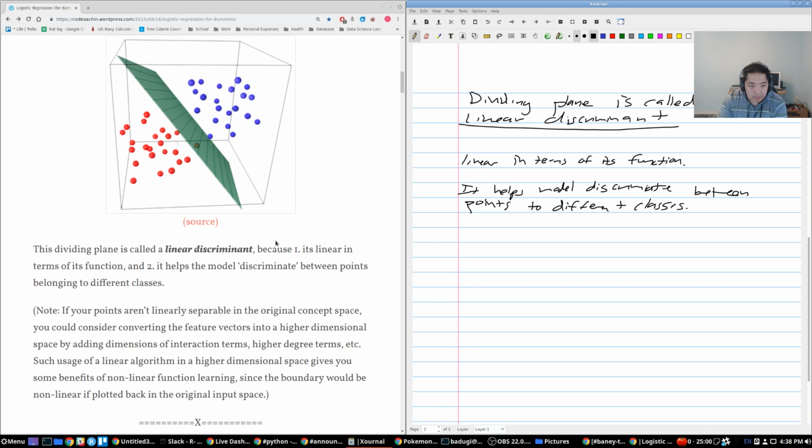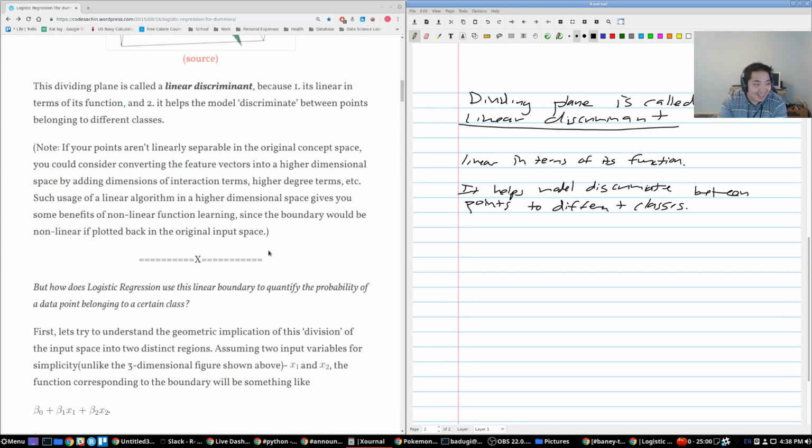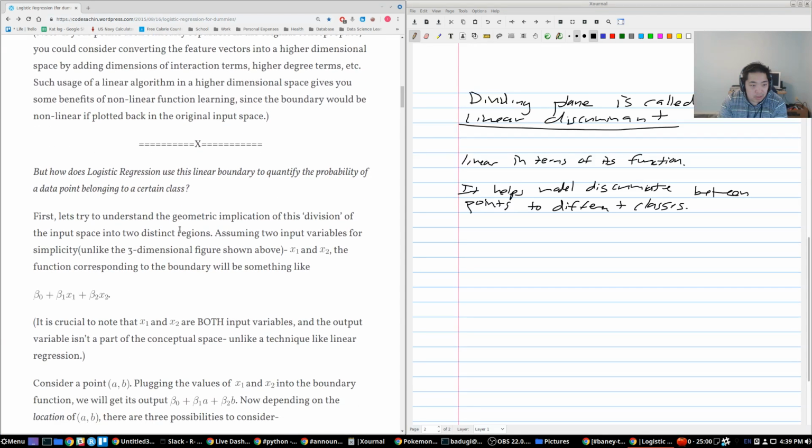Now, can I say this without even looking at this yet? No, not yet. Points aren't linearly separable in the original concept. You could consider, how does that work? How does logistic regression use a linear boundary to quantify the probability of a data point belonging to a certain class?